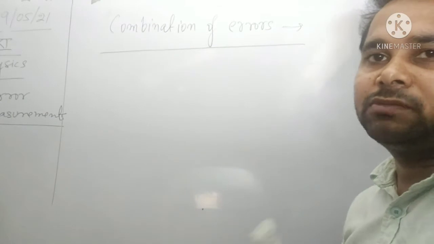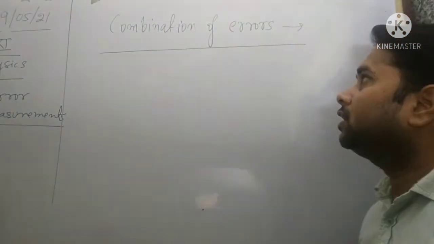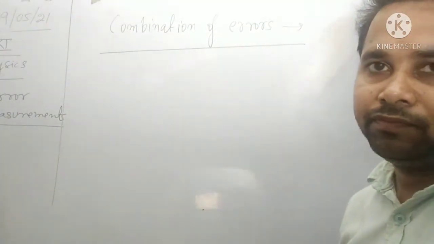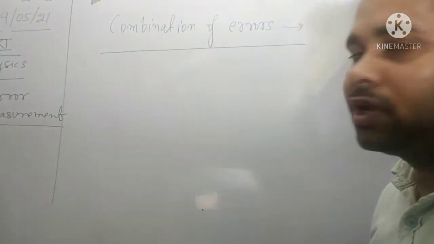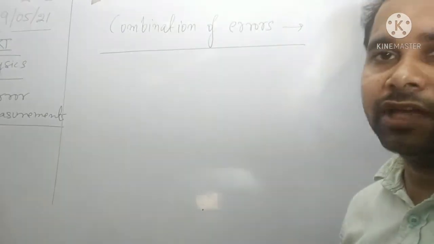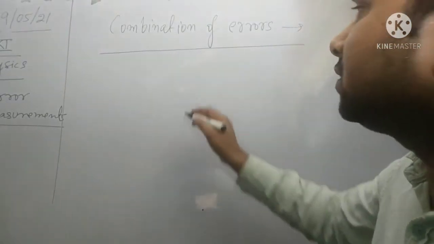suppose we have an expression in which there are two or more quantities. So how to get the total error in the final expression. या देखो एग्जांपल समझो.